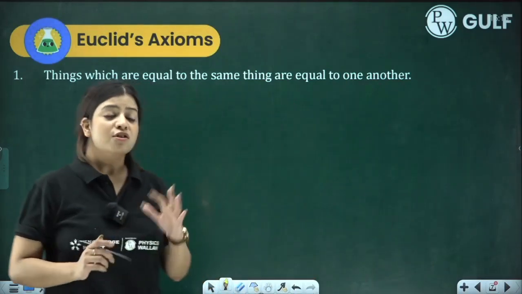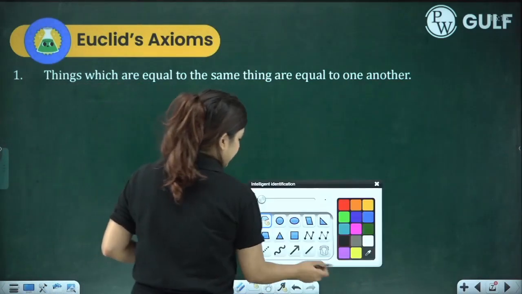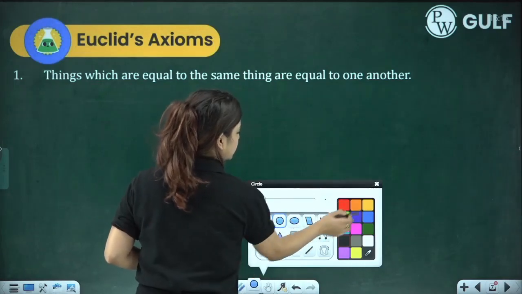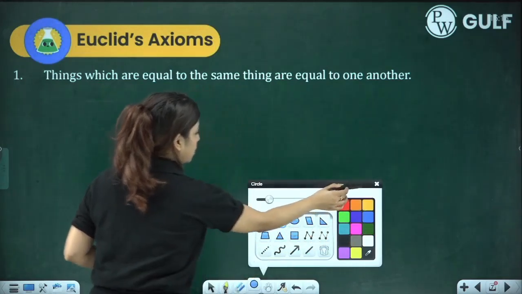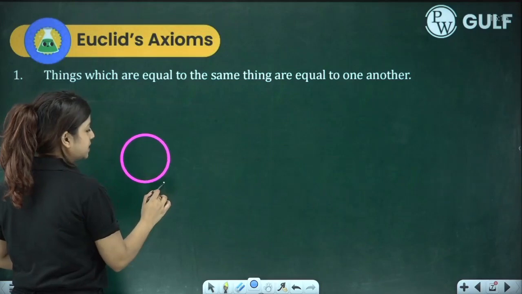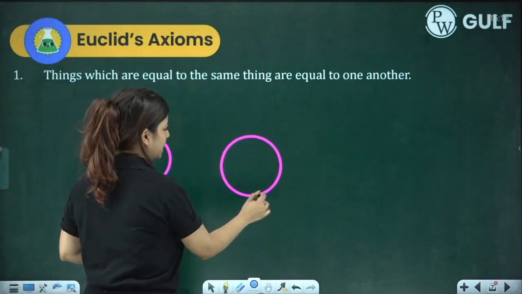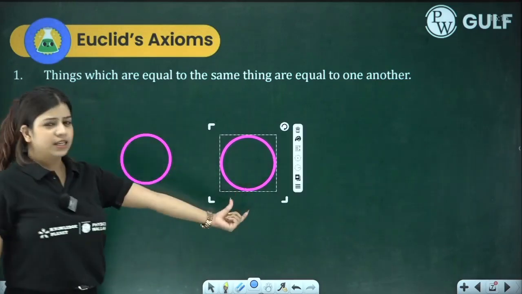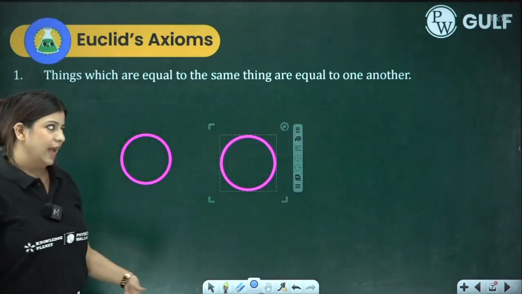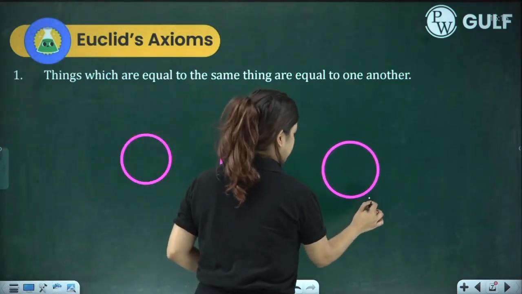Very easy thing. Let's begin with an example of a circle, right? For example, this is a circle. If I draw one more circle, and let me say that this circle is equivalent to this circle. And let me draw one more circle, that is the third circle.